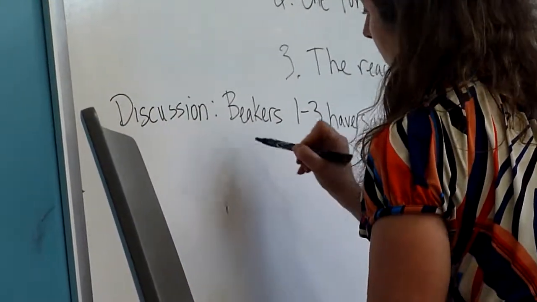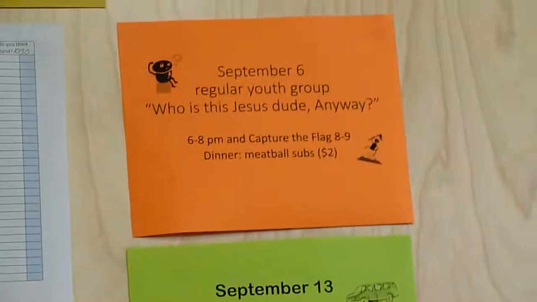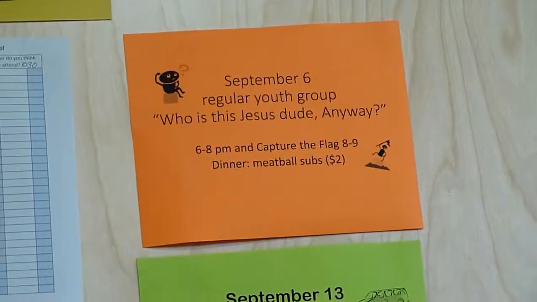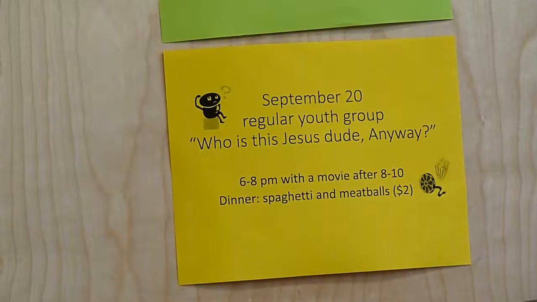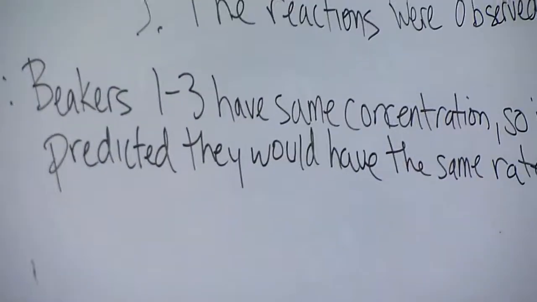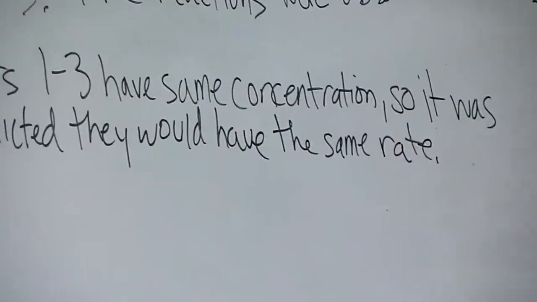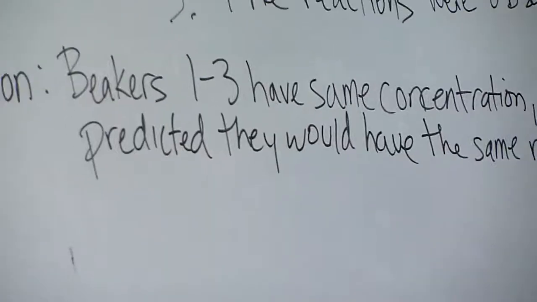Do they actually? What did you observe? So let's try to reach a consensus. Did the first three beakers have the same rate? Or did the amount of vinegar play a role in how fast they reacted?